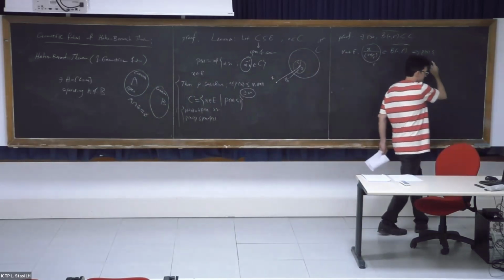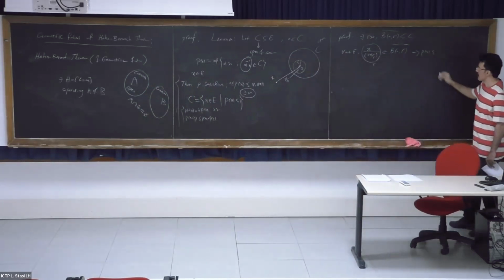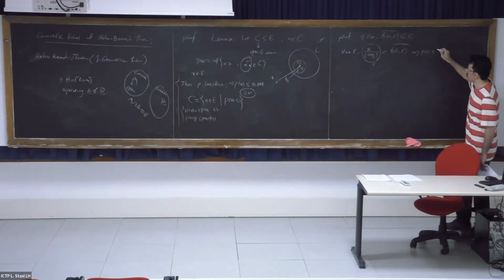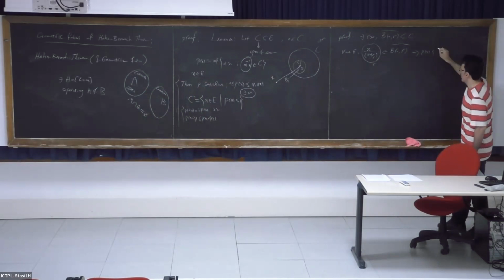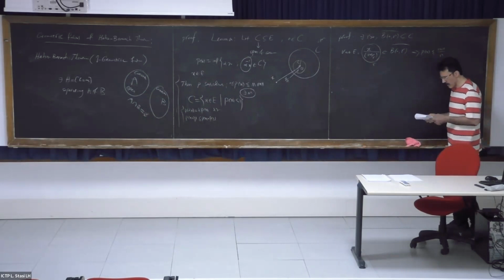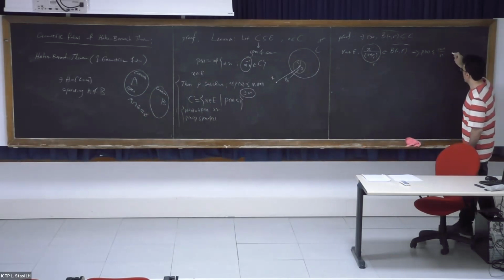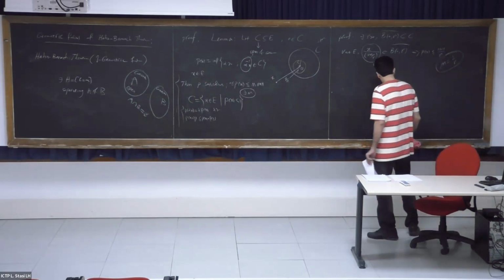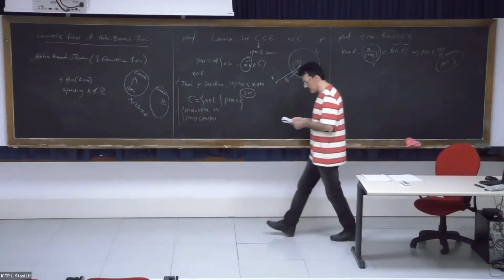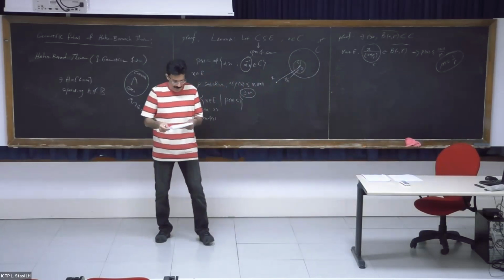So P of x is less than the norm of x over r. So we may take M as 1 over r.